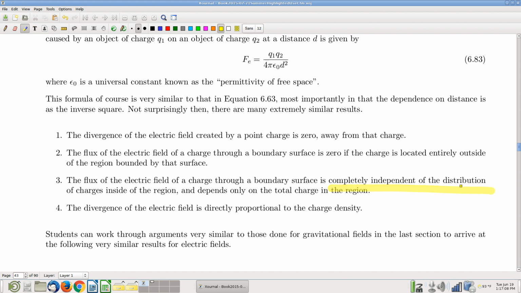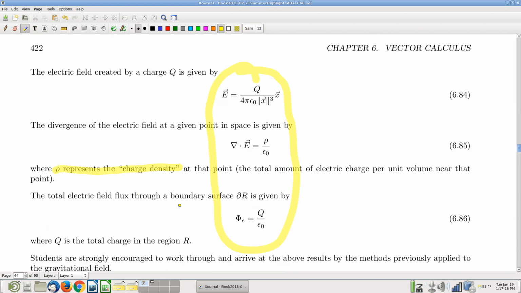It doesn't matter how charge on the inside of a surface is distributed. Just redistribute that charge however you like, it won't affect the flux. The divergence of the electric field is proportional to the charge density, just like with the gravitational field. Different constants, of course.